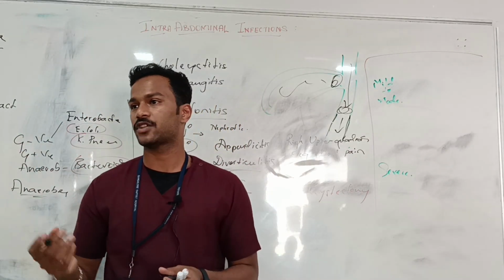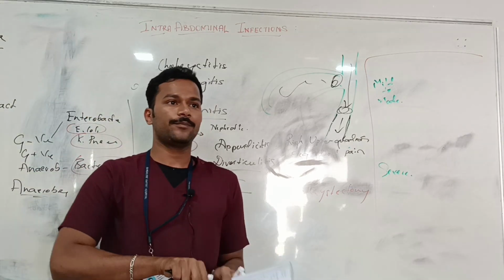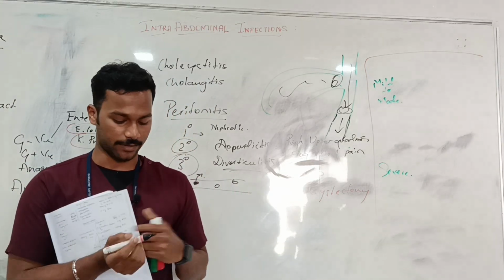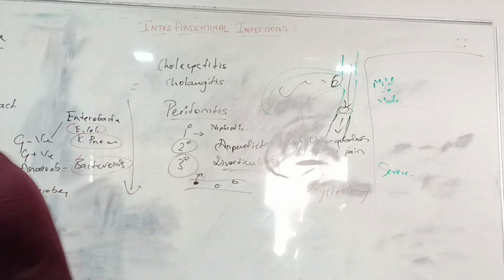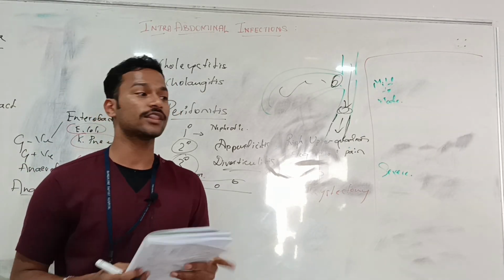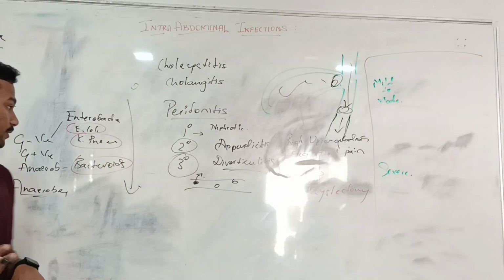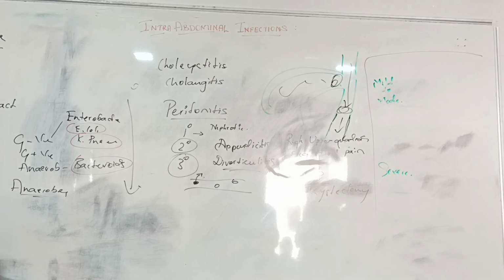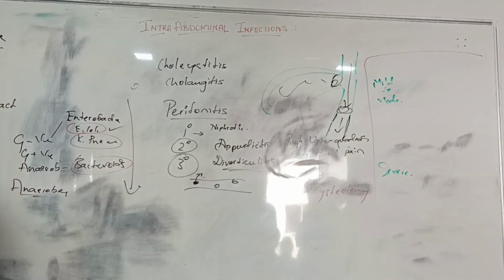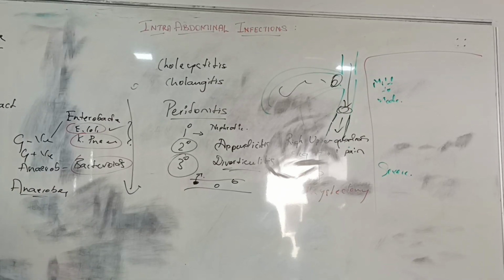There are two types of option: one is single agent, and the other is combination therapy. How we select a regimen is based on the bacteria which can cause infection. Majorly it is E. coli, so we have to cover gram negative bacteria.